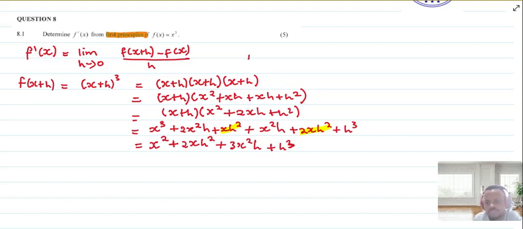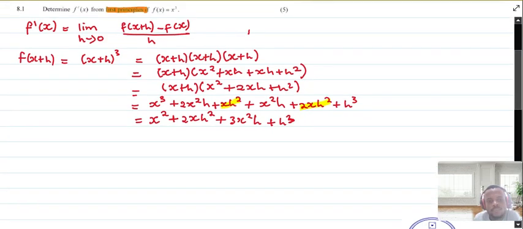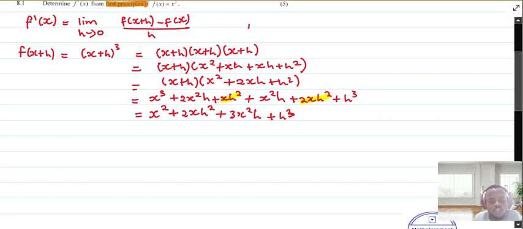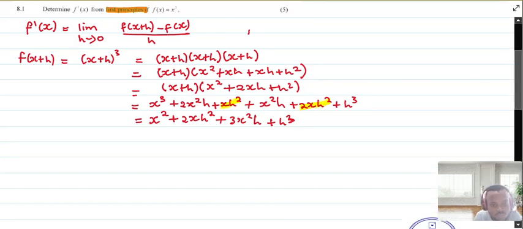It is a cube, not squared. From here now we know f of x plus h is equal to this term.